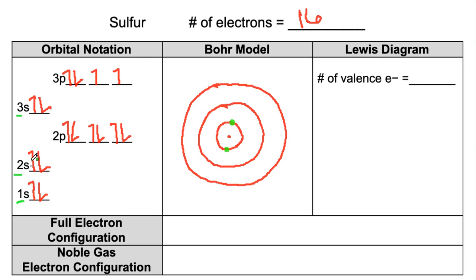In the second level, we have 2s and 2p. There's a total of 8 electrons there: 2 from the 2s and 6 from the 2p gives us 8. So in the second energy level, I will draw in 8 dots. In the third energy level, we have the 3s and the 3p: 2 from the 3s and 4 from the 3p, a total of 6 electrons on the third level.